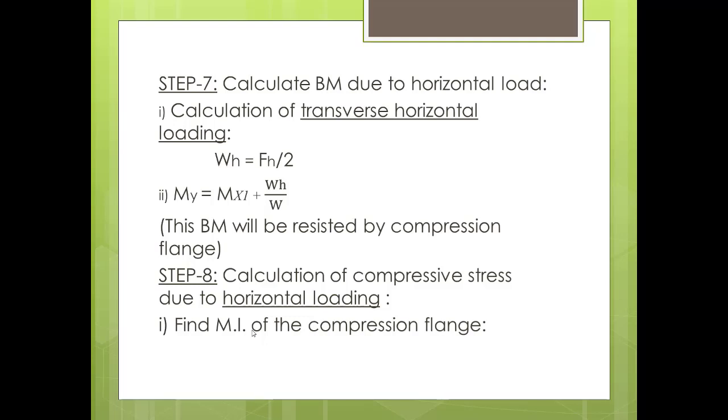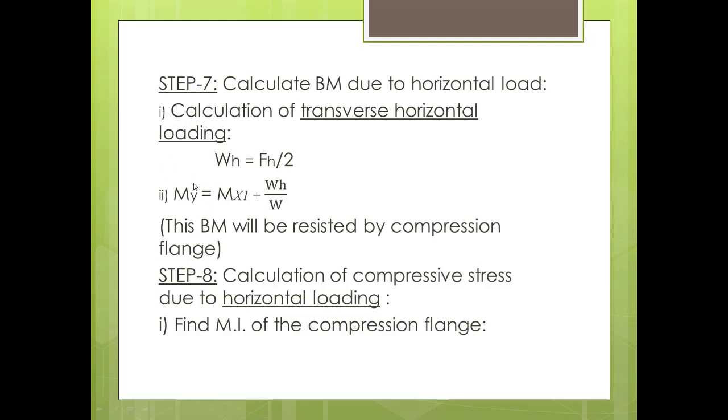Here My equals Mx1 plus WH divided by W. Here we can see that the bending moment will be resisted by the compression flange. Understand? You can see the bending moment will be resisted here by a compression flange. So we have to calculate My like this.